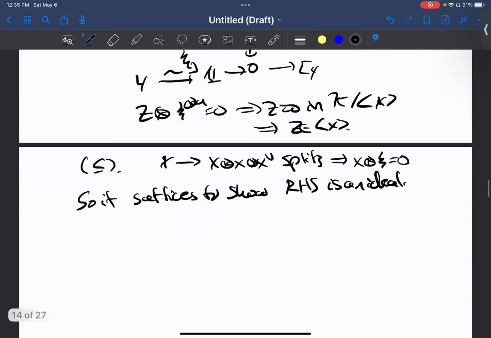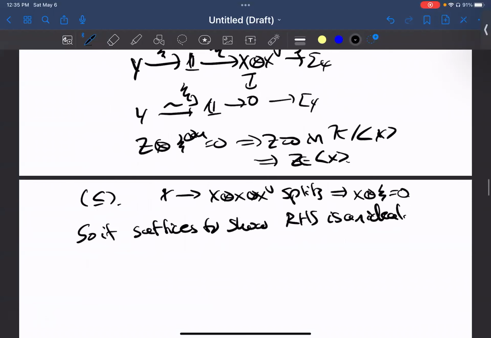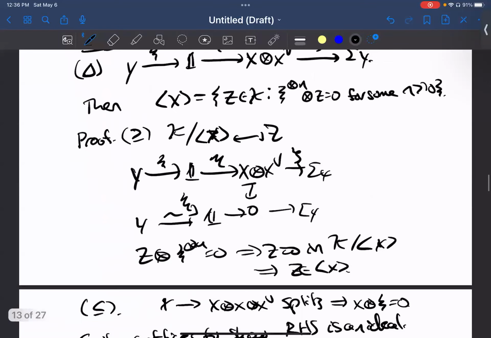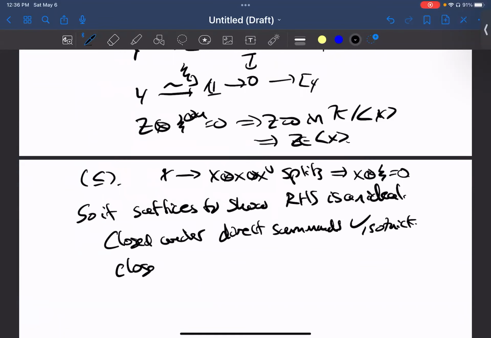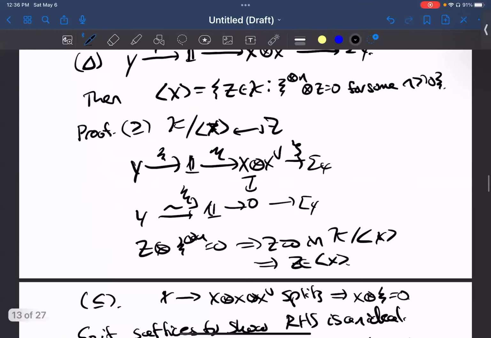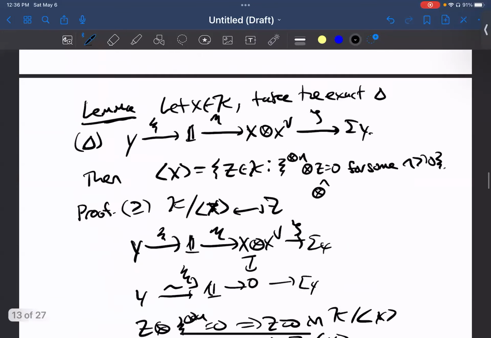To start with this, we're going to note that it's closed under direct summands. So it's thick. Closed under tensor products, because if we have anything else, we can just append a tensor product here to Z, and this equation is still going to hold true.